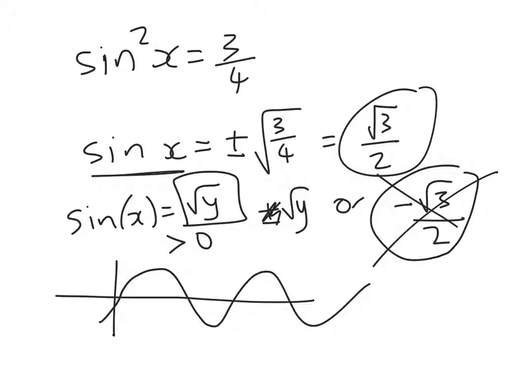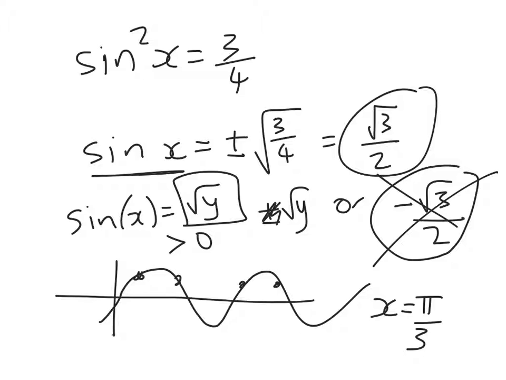Here's my badly drawn sine curve. Okay, so the principal solution is going to be x is equal to pi on 3, but we want to get a general solution for that one. So it's going to be this one, this one, this one, this one. I'm going to try and squeeze that in on this slide.